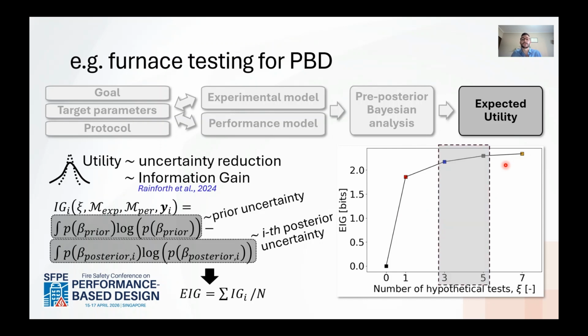And that means we can use this analysis to identify an optimal number of tests that in expectation will reduce our uncertainty, and going beyond them will not provide any benefit. So in this case, we may want to run between 3 and 5 furnace tests. So this is the final result of our analysis, and it tells us that an optimal experimental protocol will be defined by this number of tests.